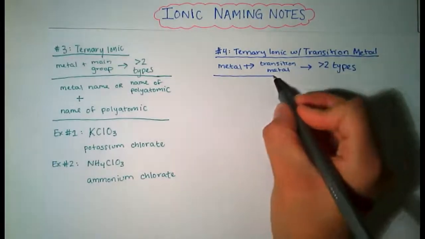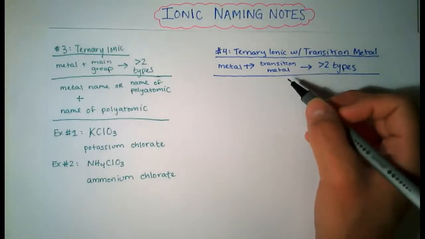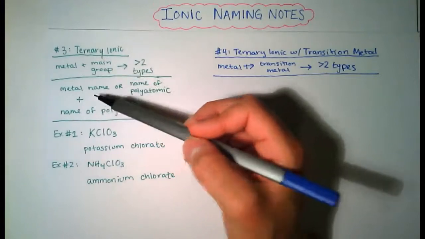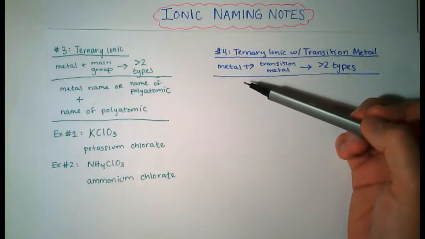And then when we name ternary ionic compounds that contain transition metals, we follow the same rules as we do with ternary ionics, but then we also have to add in that charge in Roman numerals in parentheses in the middle.